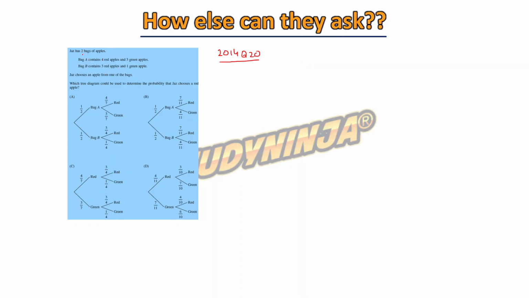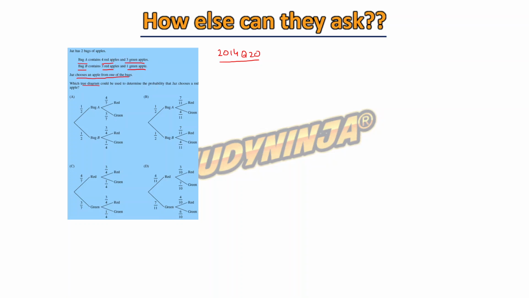This question is telling you that there are two bags of apples, bag A and bag B. Bag A has 4 red and 3 green apples. Bag B has 3 red and 1 green apple, right? Then Jazz chooses an apple from one of the bags, and specifically this question is asking you something else: which tree diagram represents this information correctly?